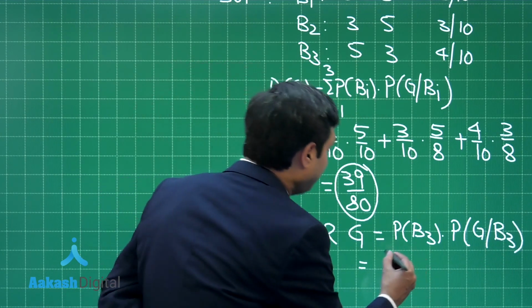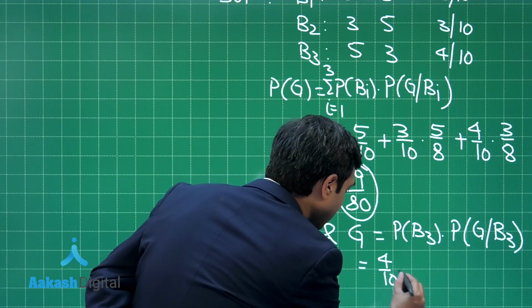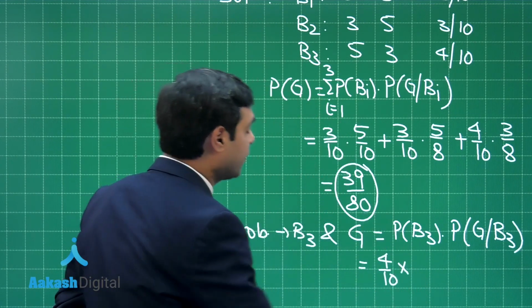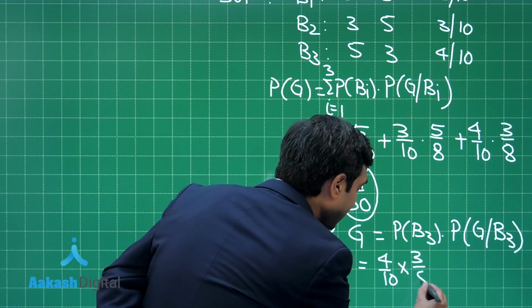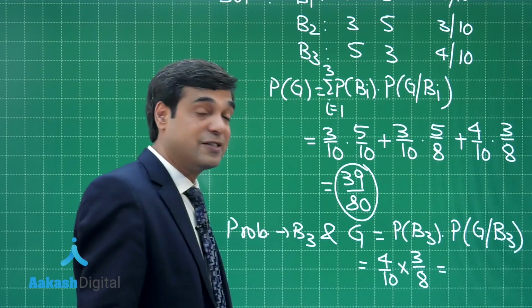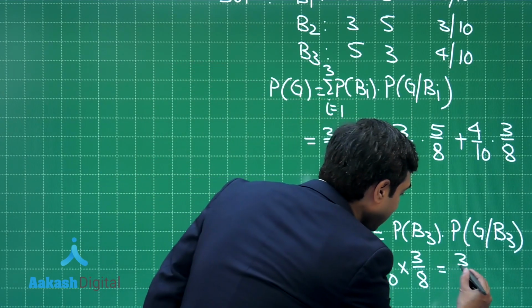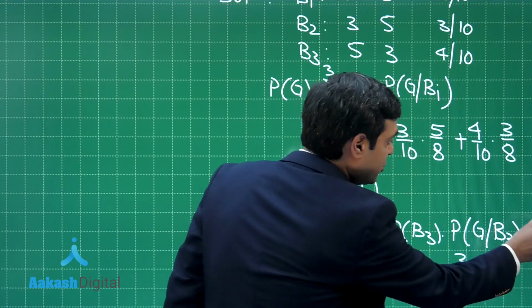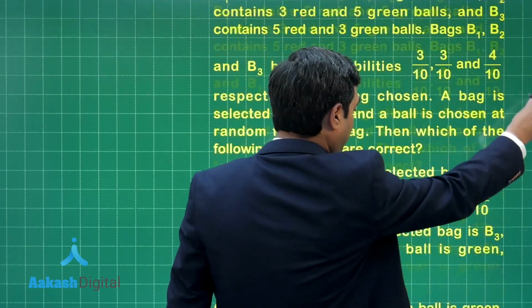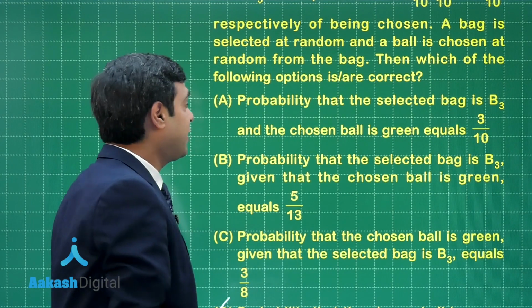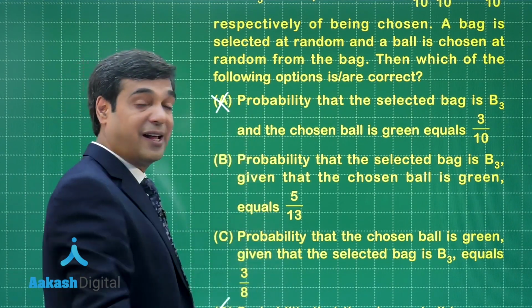Now probability of B3 is 4 by 10 multiplied with probability of green, which is 3 by 8. So we obtain 12 by 80, or we can rewrite it as 3 divided by 20. So from the given option 1, it was given as 3 by 10. So this is not the correct answer.